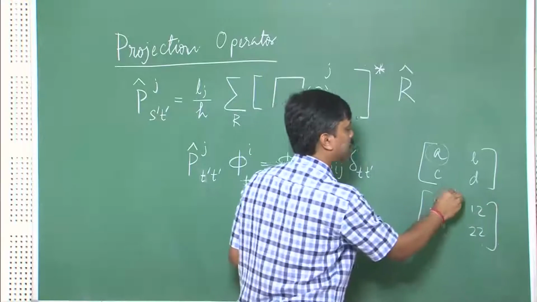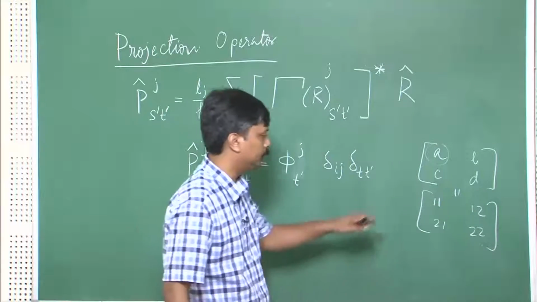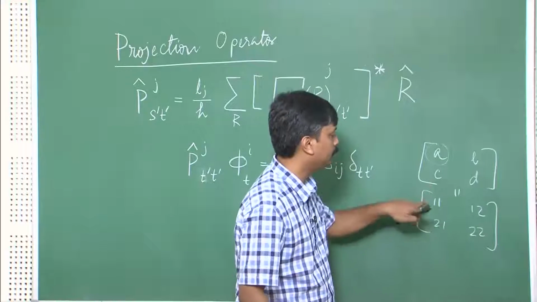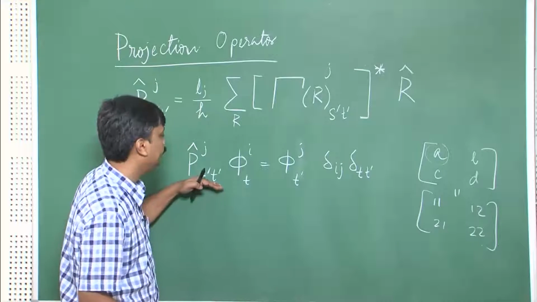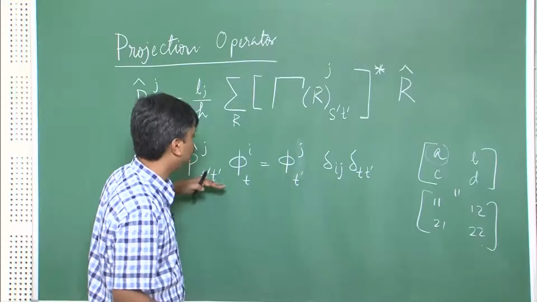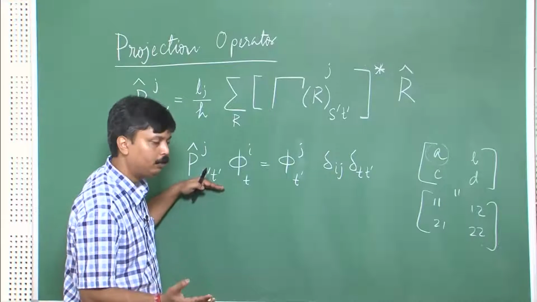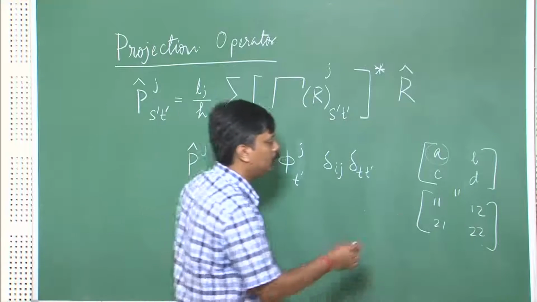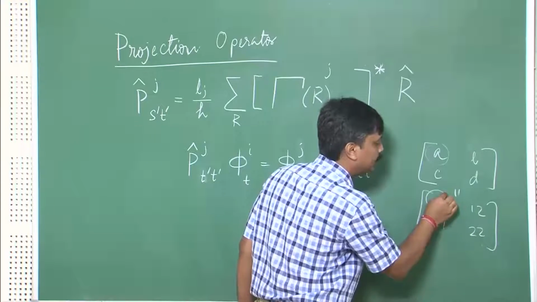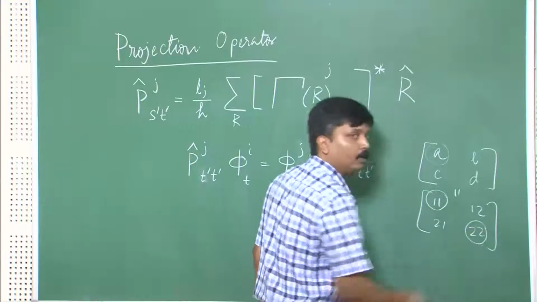That is how we use the terms in matrix algebra. So we have to find out this T prime, the matrix projection operator form Pj T prime T prime for diagonal elements. We will be concerned with this one and this one.